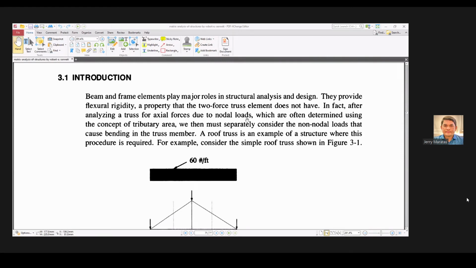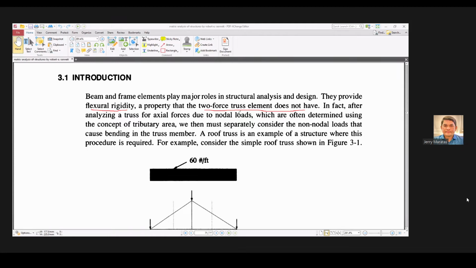Right, so now beam and frame elements play major roles in structural analysis and design. So they provide flexural rigidity, the property that the two force truss elements do not have. Okay, so for the 2D truss or for a truss element, it's a two force member naman, axial load naman siya.